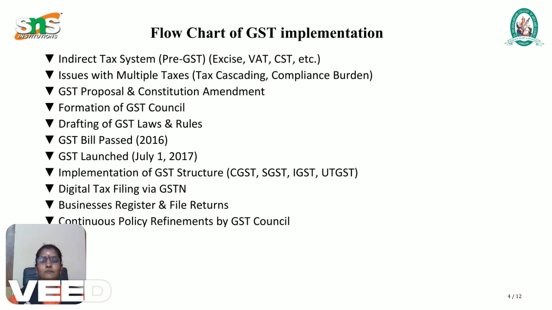Next we move to the GST implementation. Through a flow chart, we are going to explain this GST implementation. First, traditionally we were using an indirect tax system, that is pre-GST.